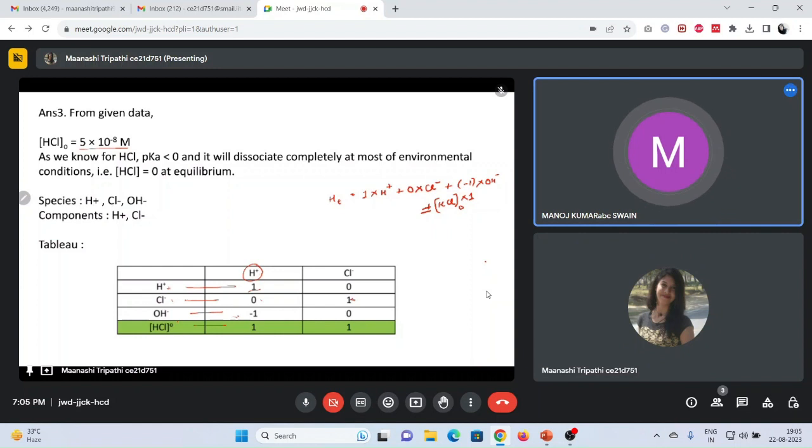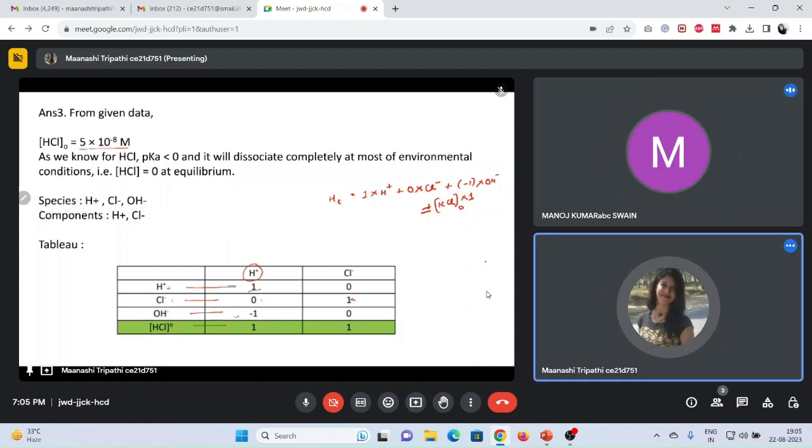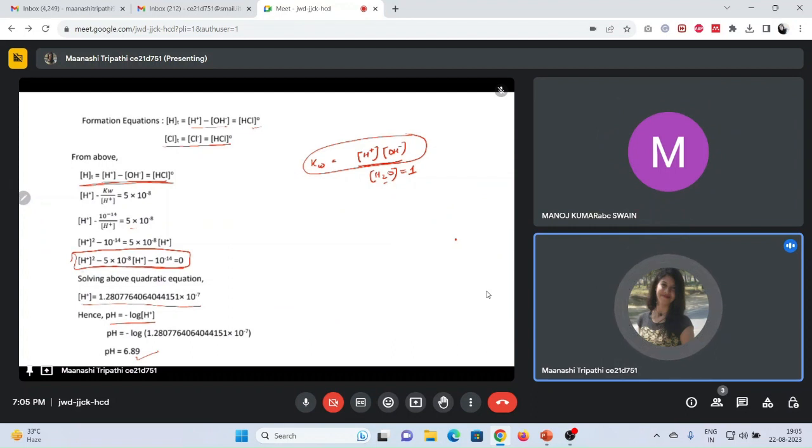But if the question is like question number 3, here you have to just solve this equation, so it won't be that difficult. If it is coming to third power, fourth power, then it will be very, very difficult. But I don't think such a kind of question will come.